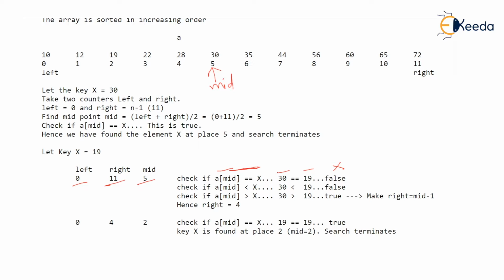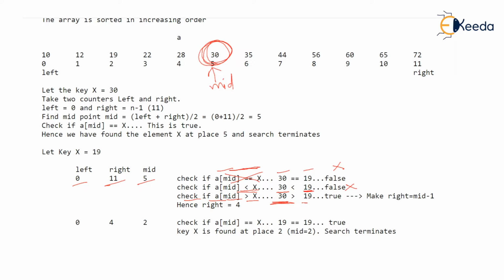Now a of mid is 30 and we are looking for 19. Then whatever is there at the mid, it is not less than 19, isn't it? This is also false. So let's ask one more question. If a of mid, that is 30, is greater than 19, whatever is there at the mid, is it greater than x? Is it greater than 19?